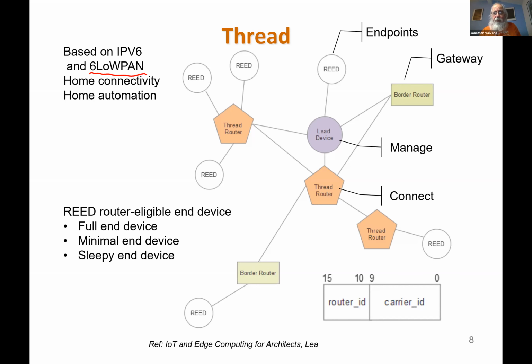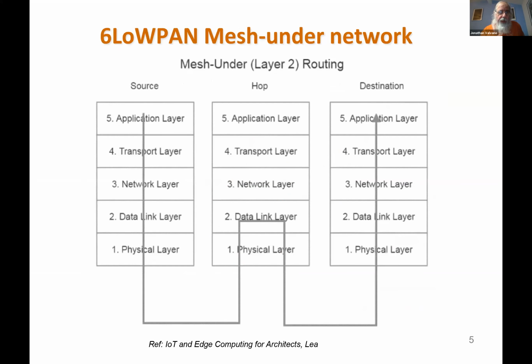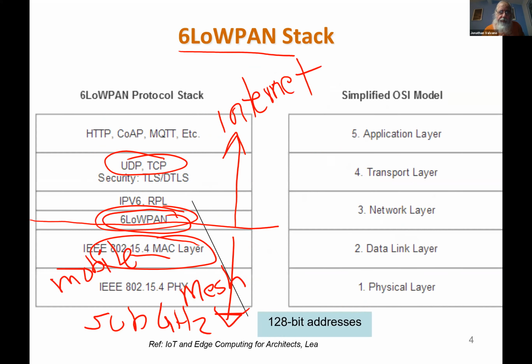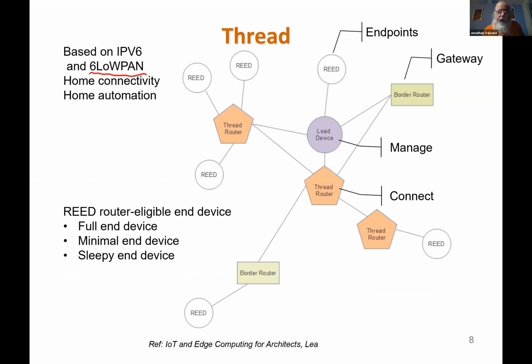We saw over here, we called it a host, right? You remember the host was an endpoint. And over here, it's called a router eligible end device, okay? And a router eligible end device may be full functioned, which means it can conform itself to one of the other possibilities, or it might be a reduced or minimal device, which is only an endpoint, okay?